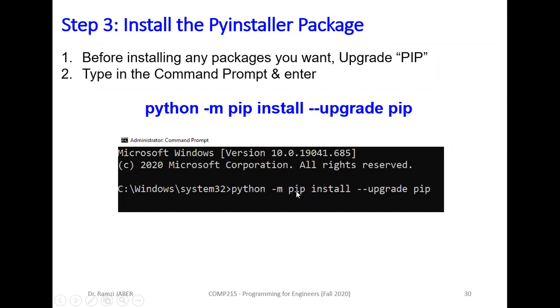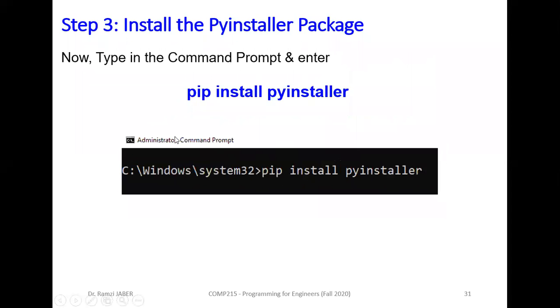So first upgrade, then type in the command prompt pip install and any package you want. This is the general syntax for installing any module, package or library you want: pip space install space your library name, your module name, your package name, anything you want to install for PyCharm.